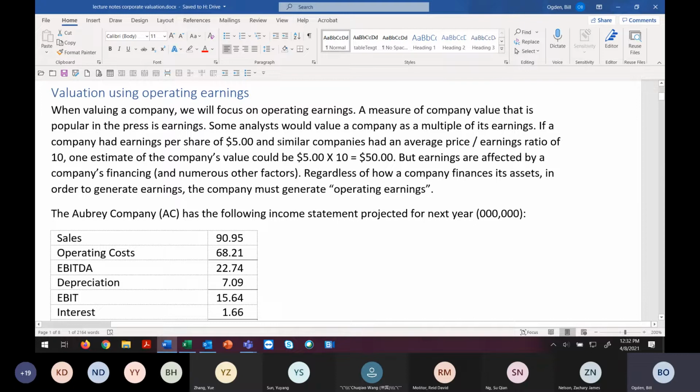You could do multiples of earnings for that matter. So I have a company that has $5 per share of earnings, and similar companies have an average price to earnings ratio of 10. So one estimate would say, well, if everybody else is priced at $10 per dollar of earnings, let's do that for this one. And so that would say $50, okay? We will not do that again.